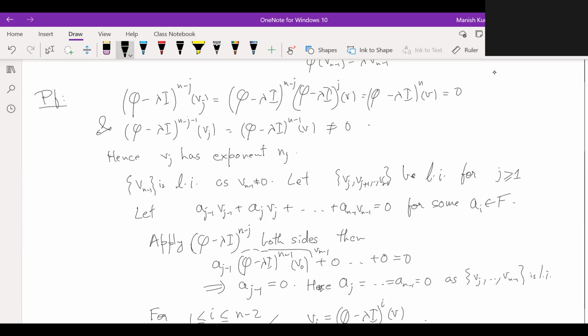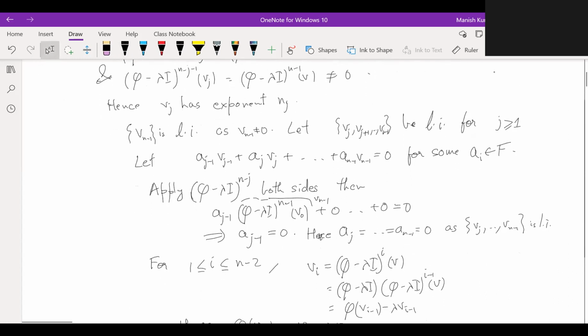Since Aj minus 1 is 0, now you have the relation only between Aj to An minus 1. But we have already assumed that Vj plus 1 up to Vn minus 1 are linearly independent. So that tells you that Aj and so on must all be 0. So this is linearly independent.